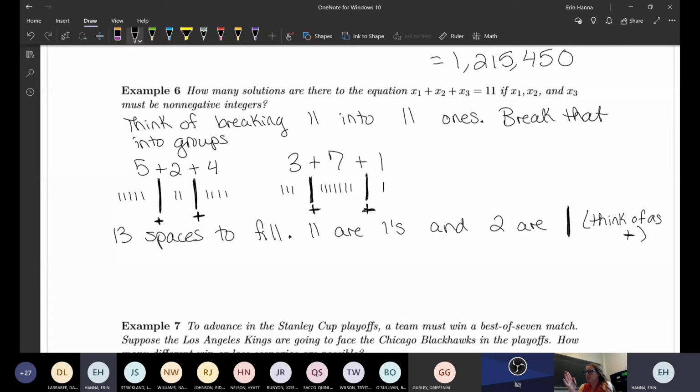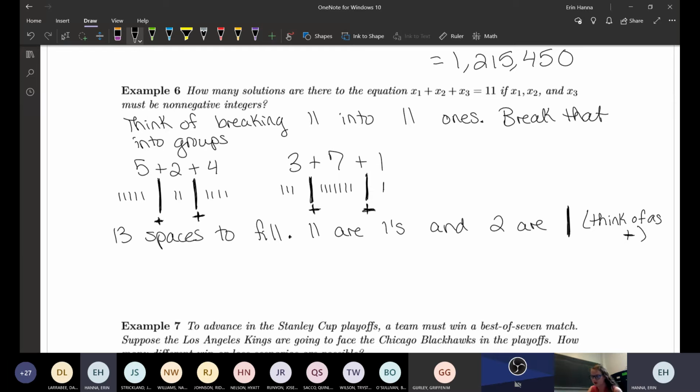Now, this isn't an arrangement. This is going to be a selection because the order is not going to matter. 5 plus 2 plus 4 is going to be the same as 4 plus 2 plus 5, so we can just rearrange them.